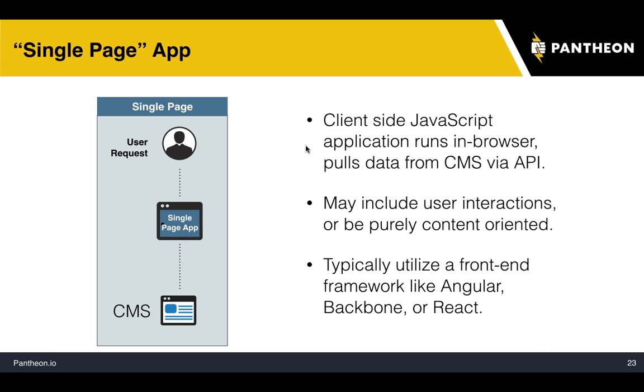Another approach, which is actually the approach that the WordPress administrative UI takes, is a hybrid one, where some pages are delivered by the CMS completely, and some pages contain elements which are then dynamically populated thereafter.